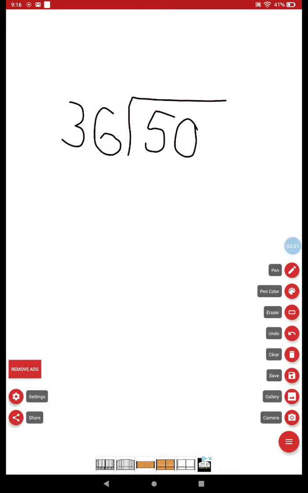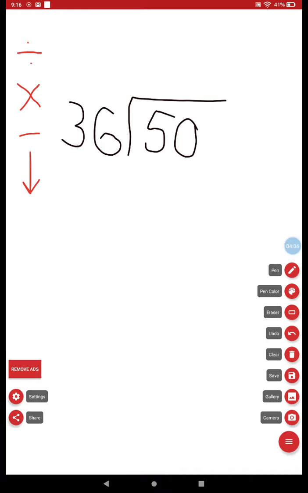All right, do you remember our little saying? Divide, multiply, subtract, and bring down. I'm going to write that off to the side so I remember. All right, so my first step is going to be divide. Well, what's 50 divided by 36? How can I think about that?